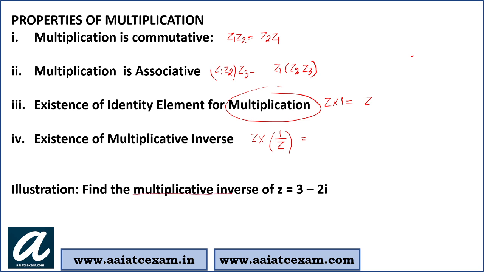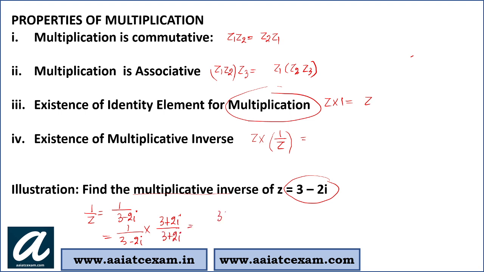Example, students, they have asked here to calculate the multiplicative inverse of 3 minus 2 iota. So the multiplicative inverse is 1 upon z, which will become 1 upon 3 minus 2 iota. I will write 1 upon 3 minus 2 iota into 3 plus 2 iota by 3 plus 2 iota.